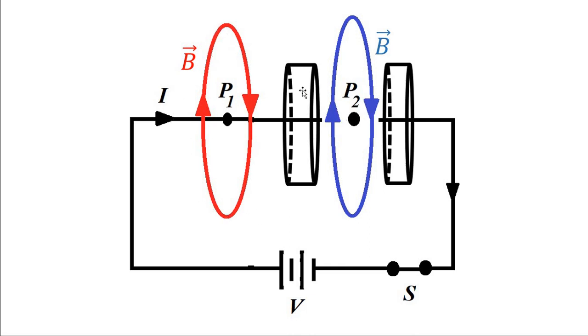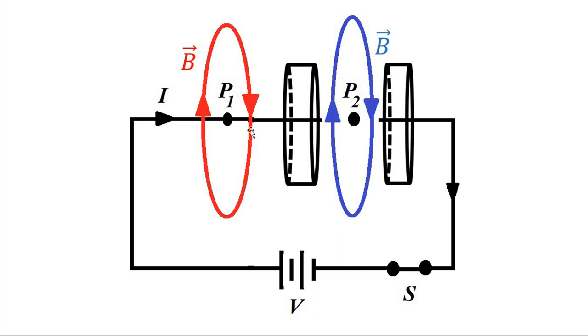So these are the directions of the magnetic fields for P1, again given by the right hand grip rule, where the thumb points in the direction of the current and the direction of the curled fingers gives us the direction of the magnetic field.